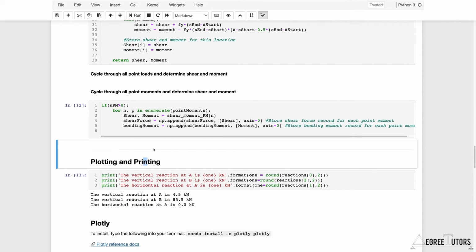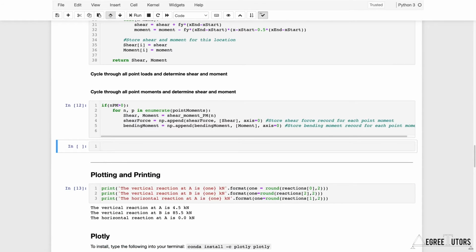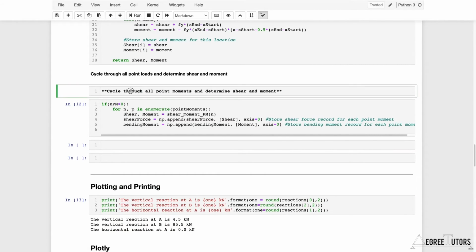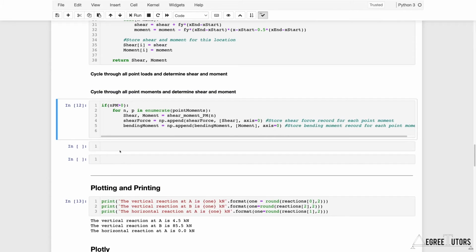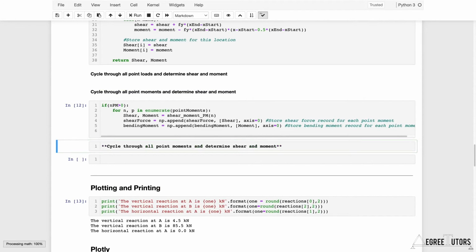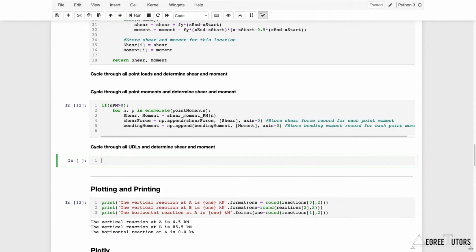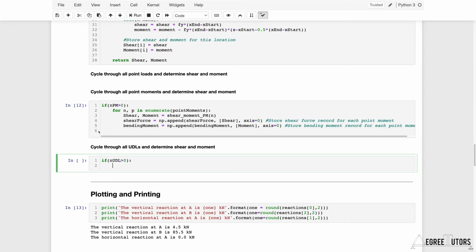Now let's just do the usual, build a for loop to cycle through. So again, copy this guy, come in here. So cycle through all UDLs to determine the shear and moment. All right then, so in this case, if n UDL happens to be greater than 0, let's do the usual.